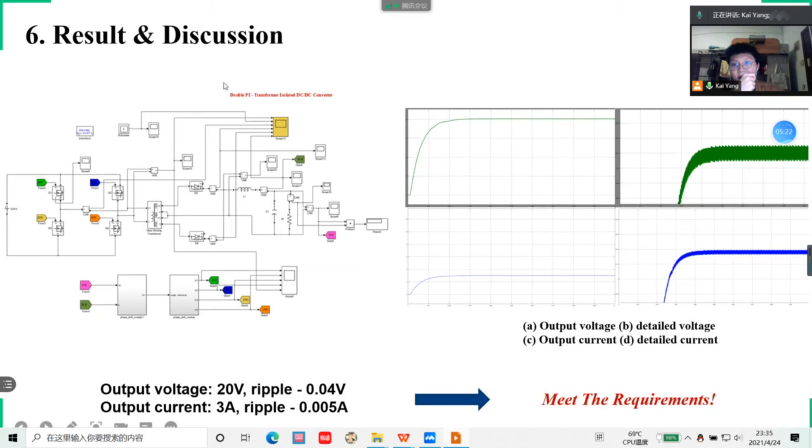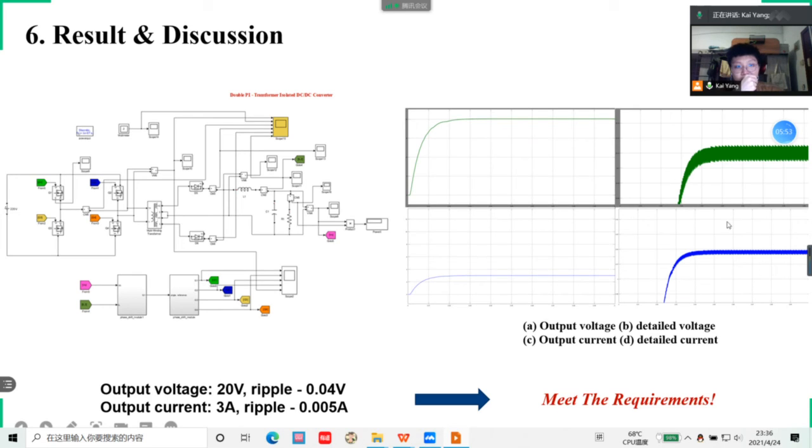For the result and discussion part, first we analyze the transformer isolated DC converter. This is the whole system we designed. And from the oscilloscopes of its output voltage and output current, we could say the output voltage is stable at 20 volts and the output current is stable at 3 amps.